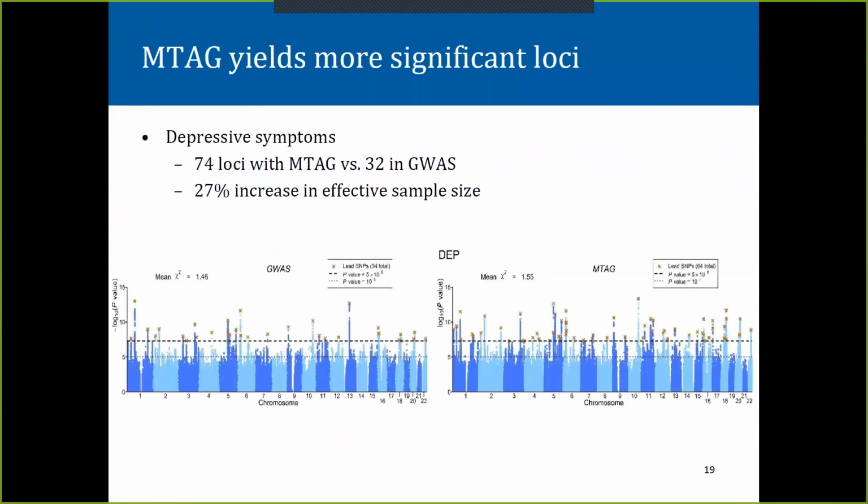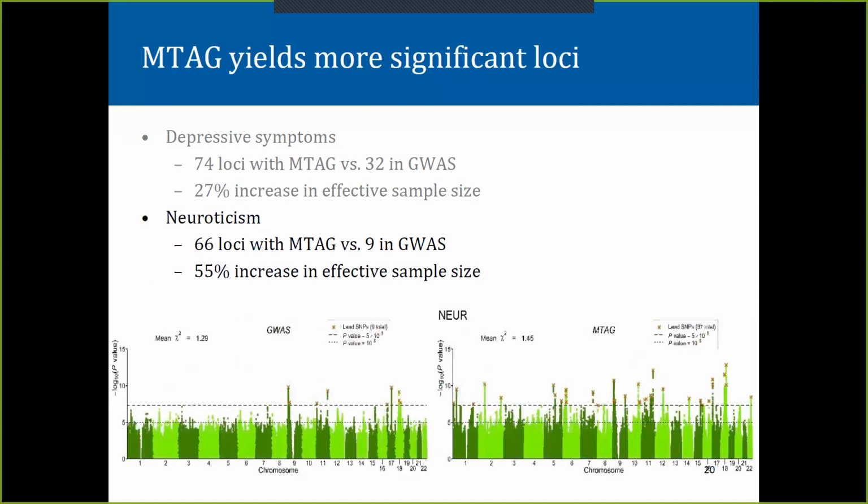So on to slide 19. Slide 19 shows Manhattan plots for the GWAS results for depressive symptoms and the MTAG results for depressive symptoms. We can see that we go from 32 hits in the GWAS to 74 after applying MTAG. Based on the mean chi-squared statistic, this is roughly equivalent to an increase in sample size of about 27%.